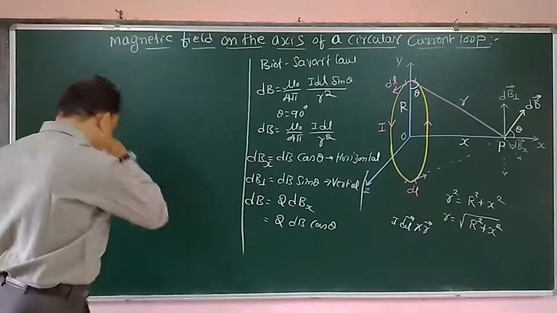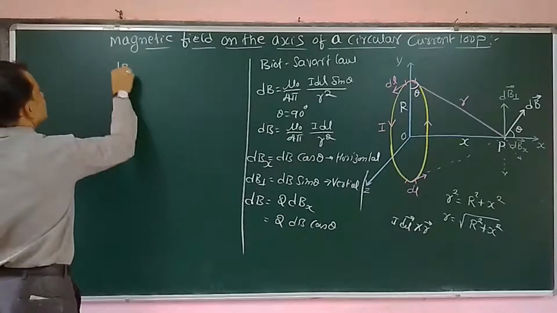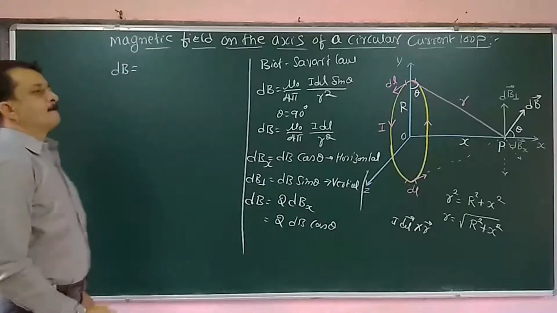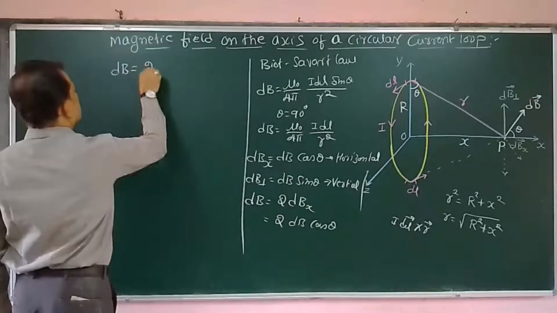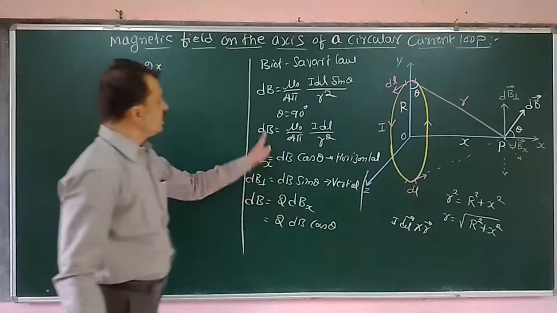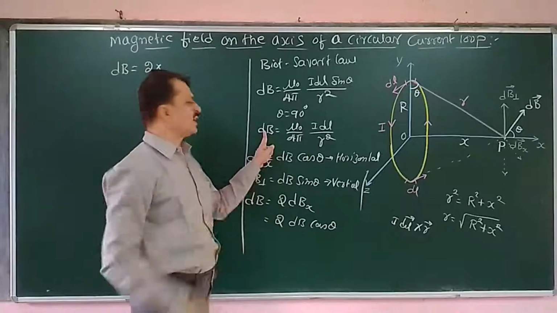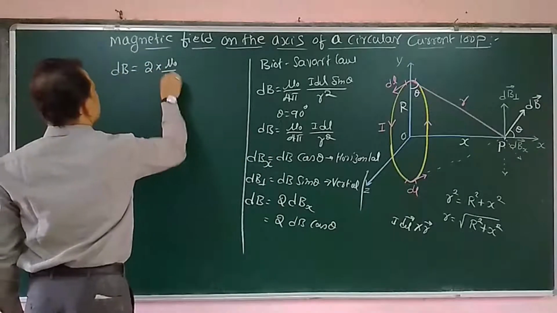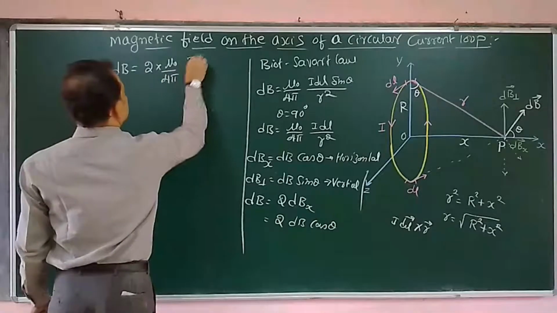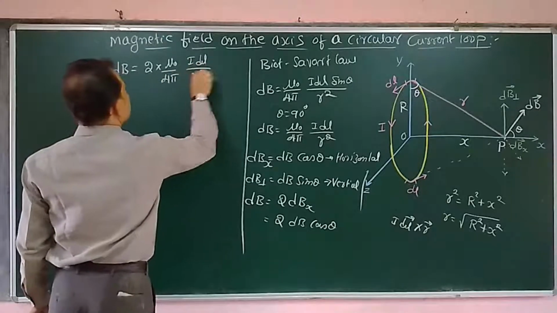Now substituting the values. B is the magnetic field due to two current elements, and 2 into dB, where dB is the magnetic field due to a single current element. Okay, it is mu naught divided by 4 pi into I dl divided by r square.